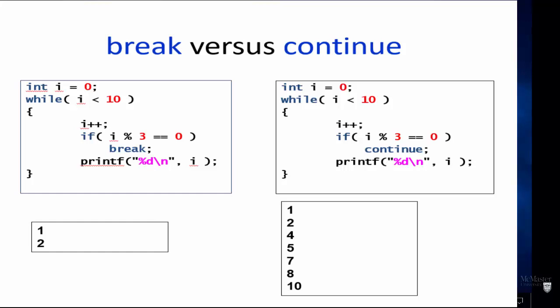In the second one, you print 2. In the third one, when you check, 3 mod 3 is 0, and then you break. Break means completely ignore the loop and go outside, do something else. So you are done here, right?